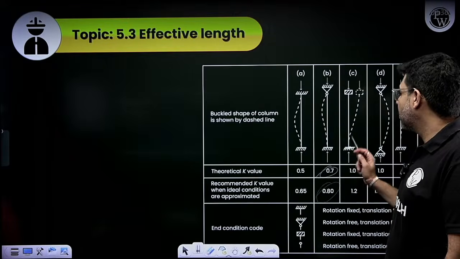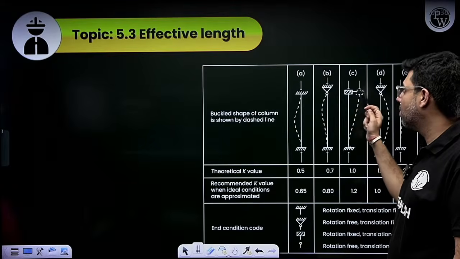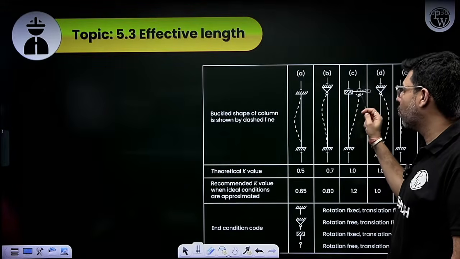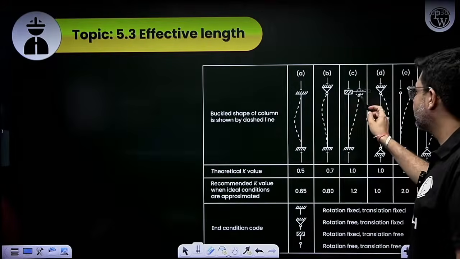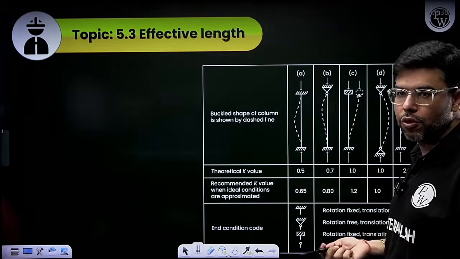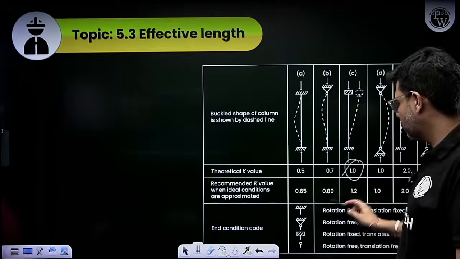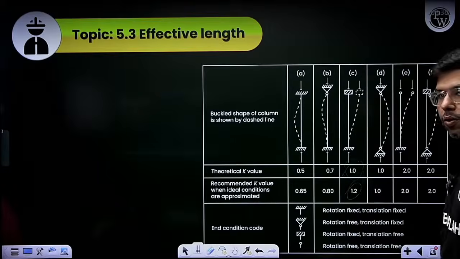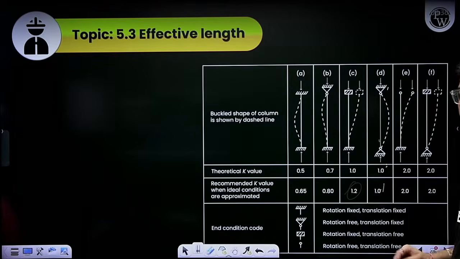When one end is fixed and the other end can only move in the x direction with rotation restrained, like a slider support, K is taken as 1 theoretically, but as per IS code it will be taken as 1.2. When both ends are hinged, K is 1 in both cases.